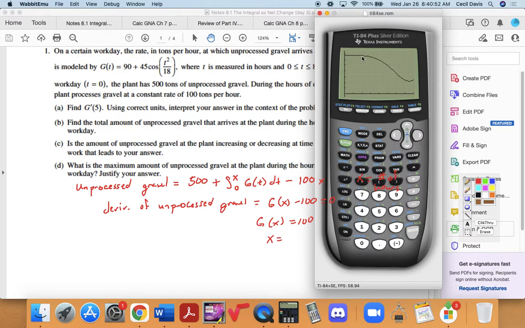So gravel's coming in at a pretty quick rate at first, but then it slows down. I'm going to graph y equals 100 also, and find where those two intersect. They only intersect once. So calculate the intersection.